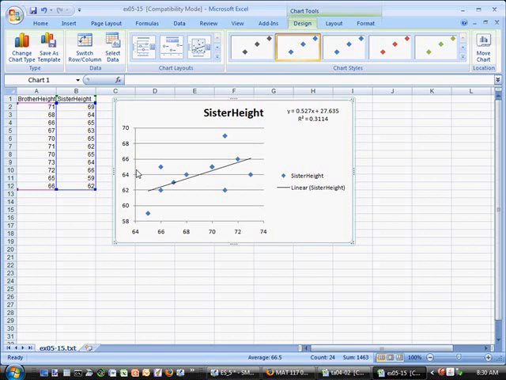I skipped that. Yes? When you predicted 70 to find out the inches, couldn't you just put 70 in for X? Yeah, that's the more exact way to do it. Thank you. Instead of just visually doing it, you can plug 70 in right here, multiply it out, add 27.635.